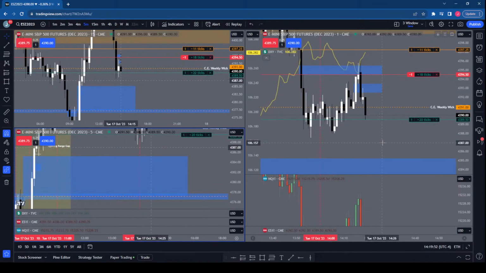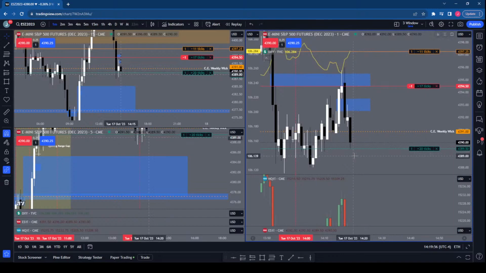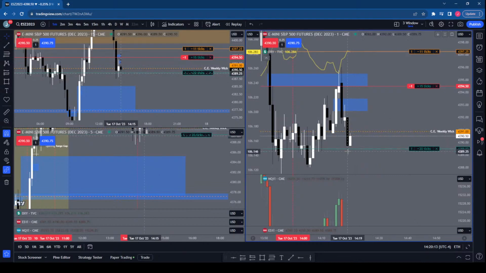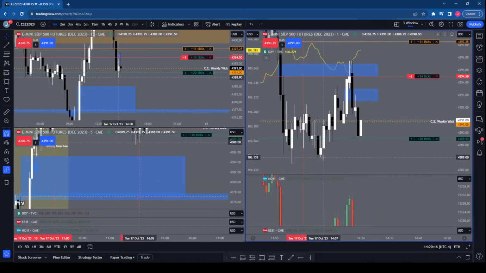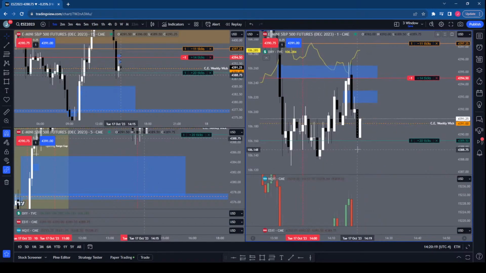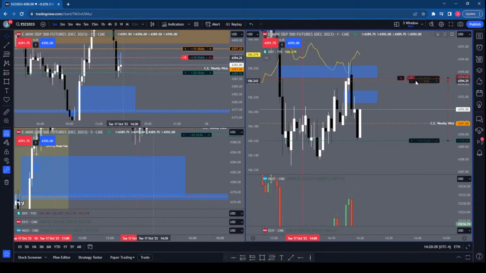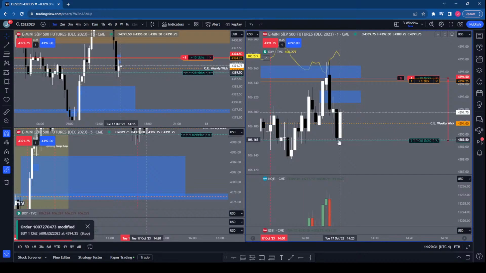Oh, touched it. Come on, give it to us. That's why if you have a take profit level and you really want to get stopped out there. Hold on, I'm going to move this to break even. You have to include spread.